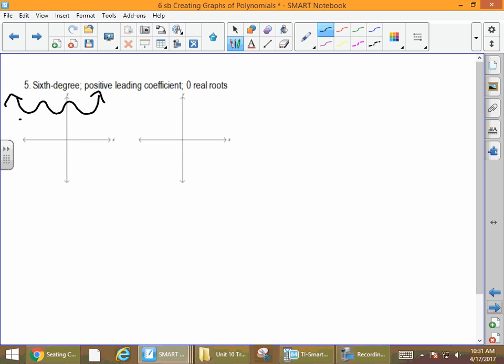We have 1, 2, 3, 4, 5 turning points. And honestly, I do not think that there is another way that we can draw this graph. We could move it up a little bit or we could move it down a little bit. But I don't think that there's any other way to draw with the 0 real roots.